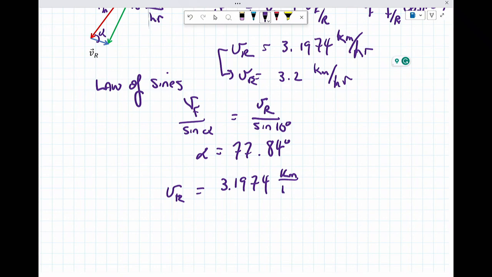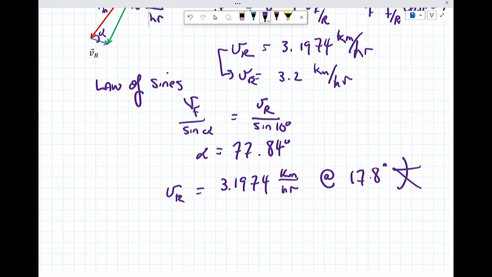I'm going to keep writing it that way. And then when you give the direction, you can give the direction in this form.